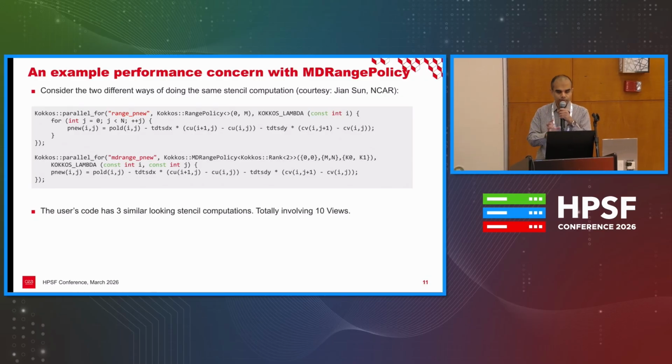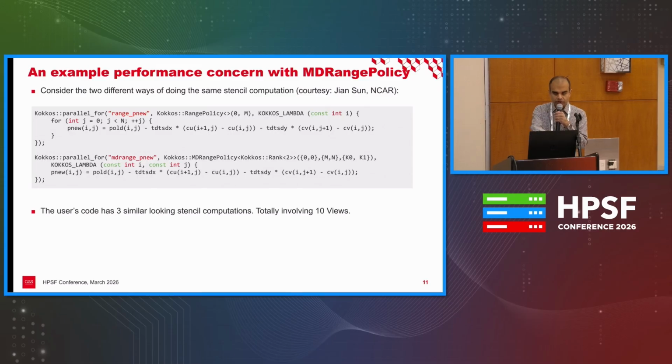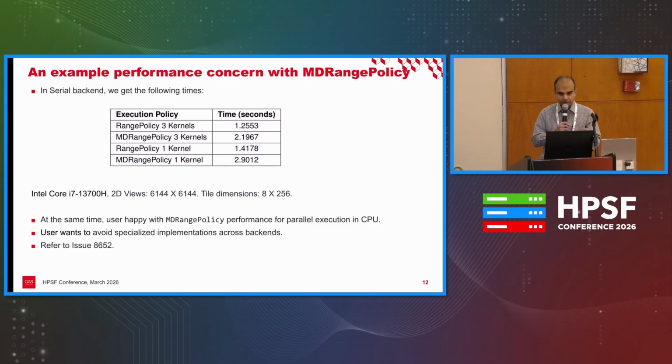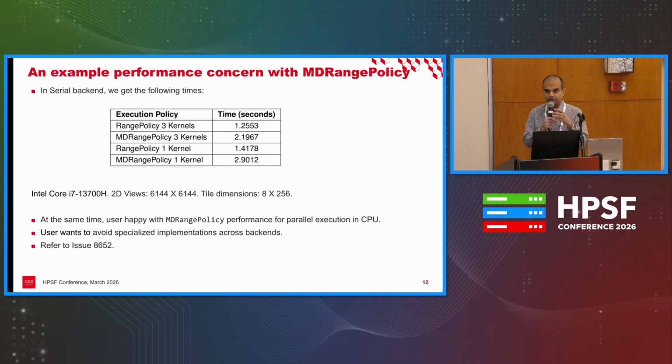You can do the computation in 2 different ways for any given stencil. Either you can have an explicit for loop inside a range policy, such that you take care of both the indices into the two-dimensional views, or the more intuitive approach is the MDRangePolicy based approach, wherein you just have the stencil computation happening inside the lambda. Unfortunately, the range policy based implementation with 3 separate parallel for calls performs best, and the MDRangePolicy based implementation with 3 separate parallel for calls performs much worse.